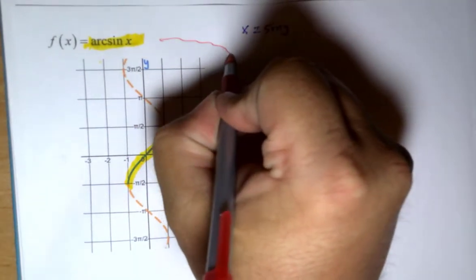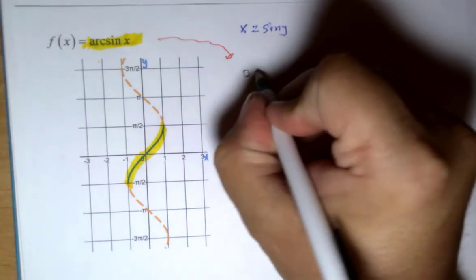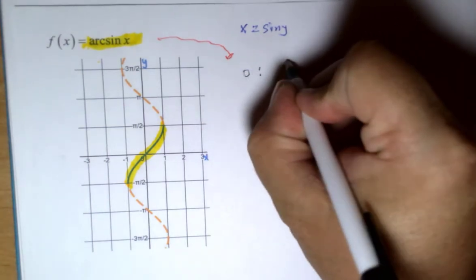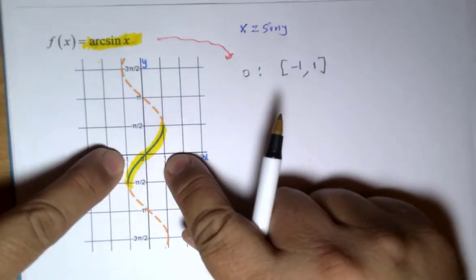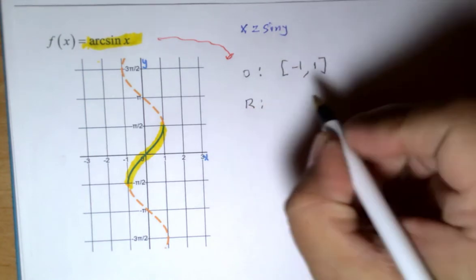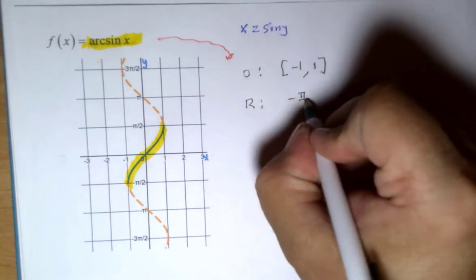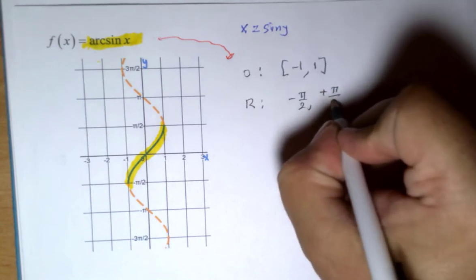This graph here that's highlighted, its domain is all values from -1 to +1, and the range is from -π/2 to +π/2.